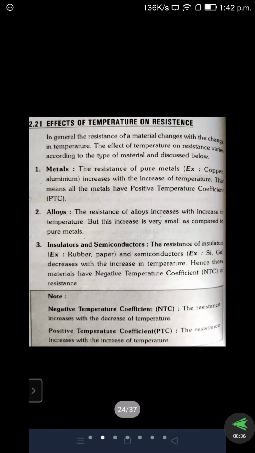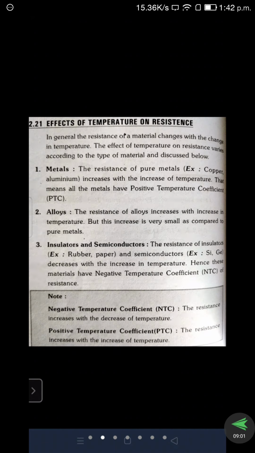Next, we discuss the effect of temperature on resistance. We see it for metals, alloys, insulators and semiconductors. Metals and alloys have a positive temperature coefficient. Insulators and semiconductors have a negative temperature coefficient.